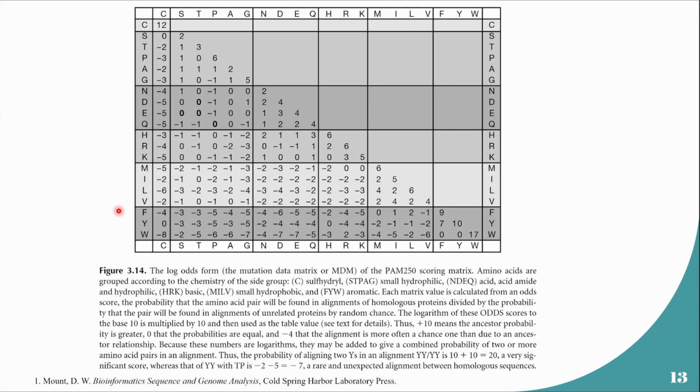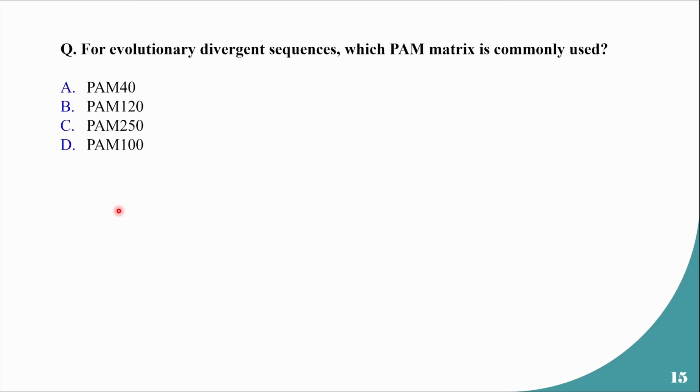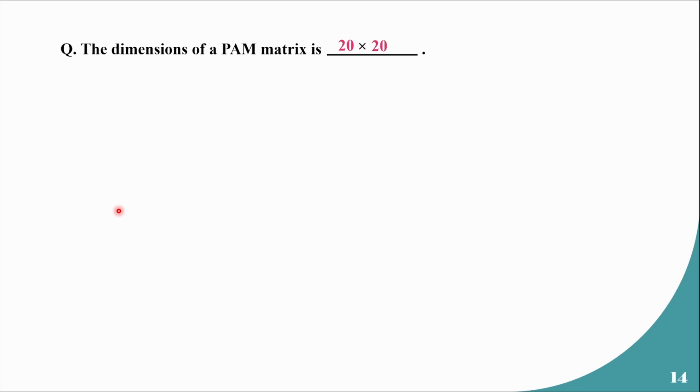So what are some of the assumptions that we talked about in PAM matrix? This is another question that we just talked about. The dimensions of a PAM matrix is 20 by 20 because on each hand side we have 20 amino acids, right?